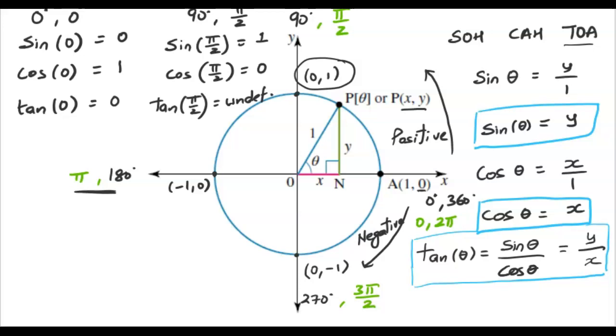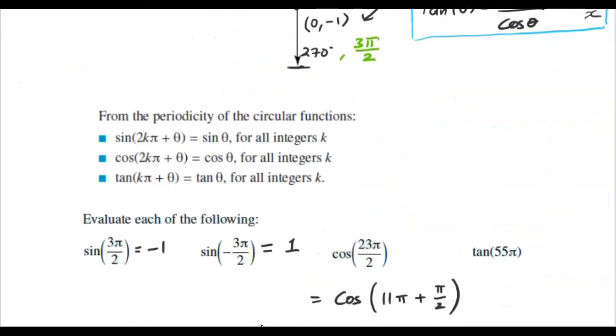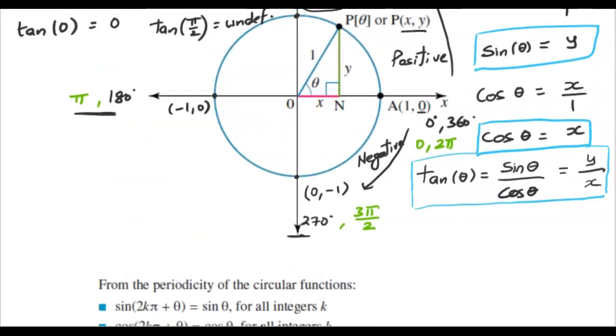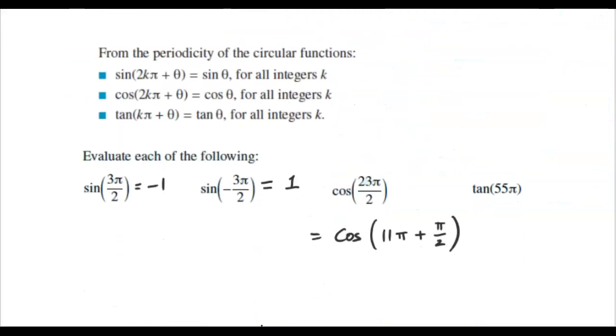Now we're going to add pi on 2, so pi on 2 takes us to this particular point here. The question is, what is the value of cos 23 pi on 2? Cos is the x coordinate of that point, which in this case is equal to 0. So let's go back to the question. Cos 23 pi on 2 is going to be equal to 0.